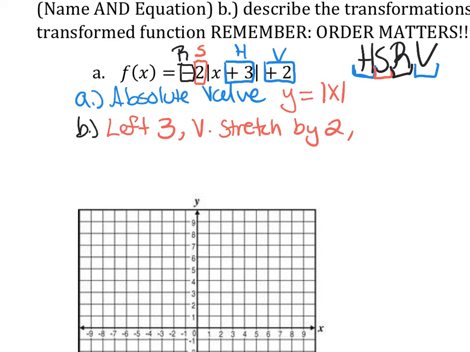Then R is the negative sign, which is on the outside, so we would reflect over the x-axis. And then finally for V, the vertical, we're adding 2 on the outside. Adding means we will go up 2.